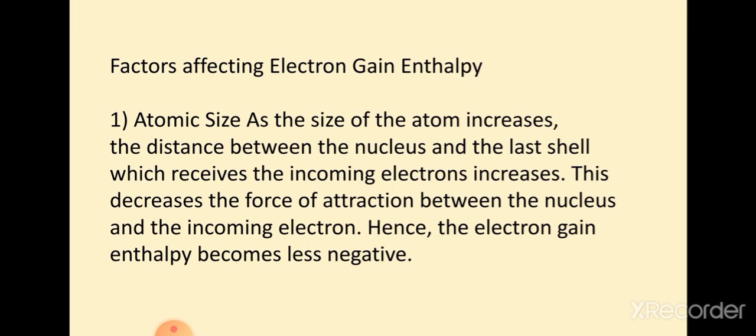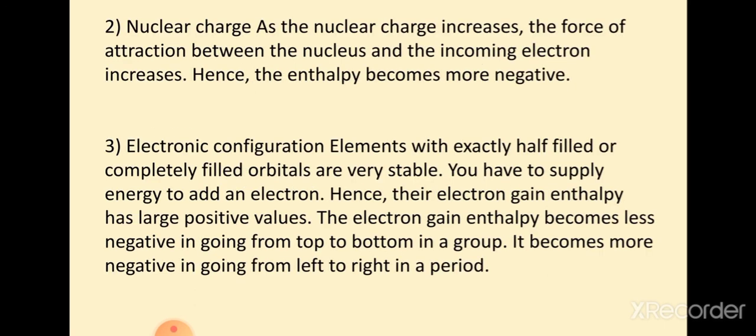What are the factors affecting the electron gain enthalpy? Number one is size of the atom, atomic size. Smaller the size of atom, greater is the electron gain enthalpy. This only is to be remembered. Next factor which affects is the nuclear charge.